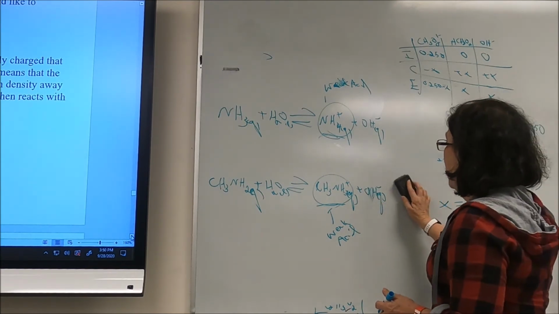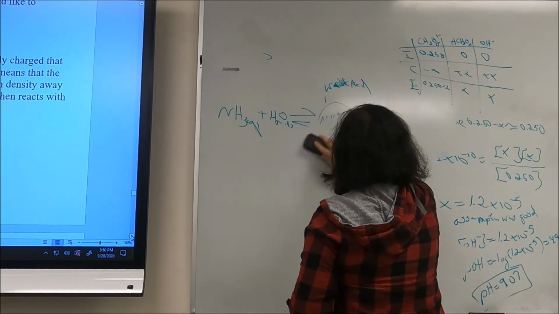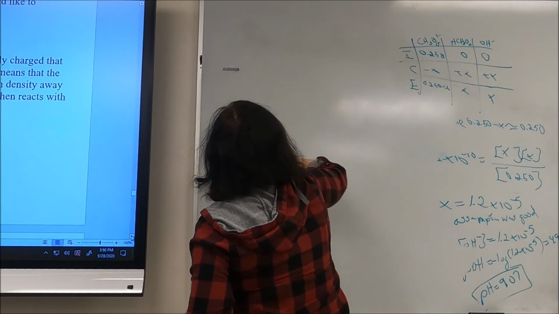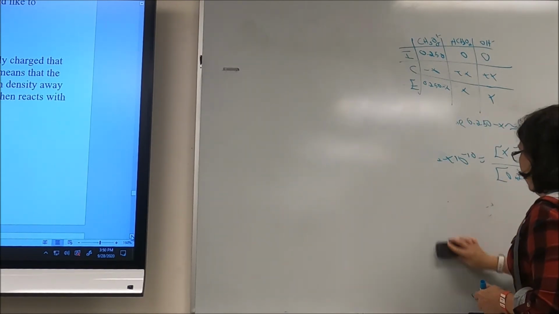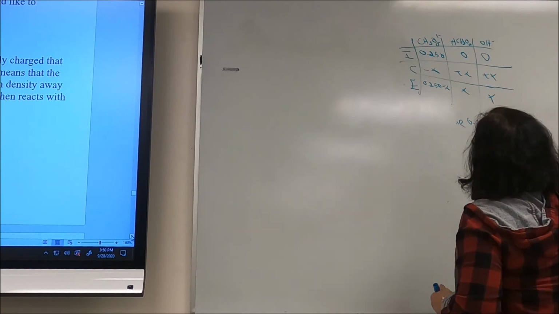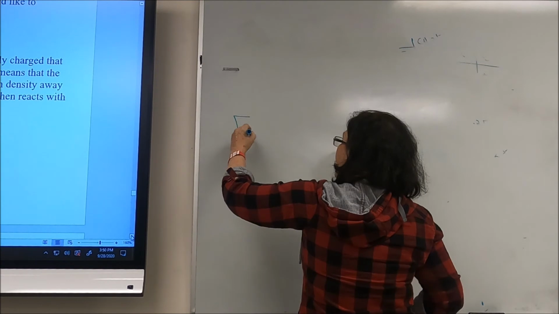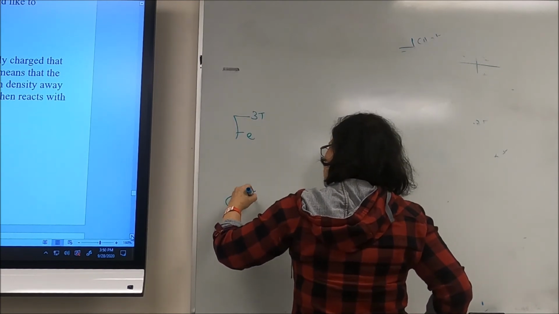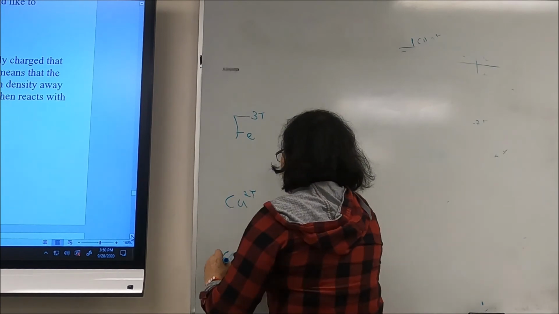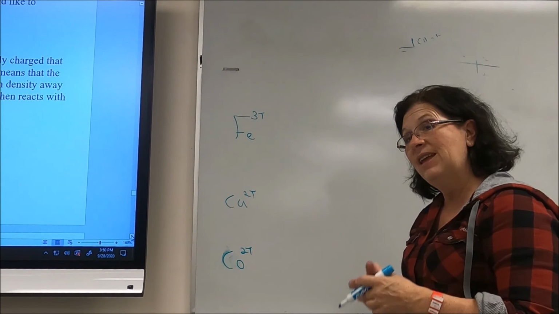Now, those aren't the only weak acid cations out there. A surprising group of weak acid cations are transition metal ions, something like iron 3+, or copper 2+, or cobalt 2+.